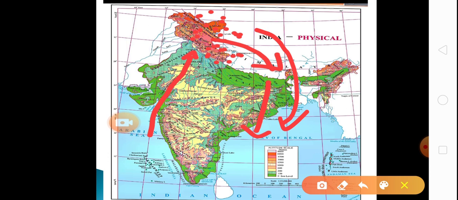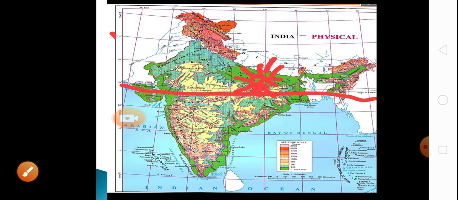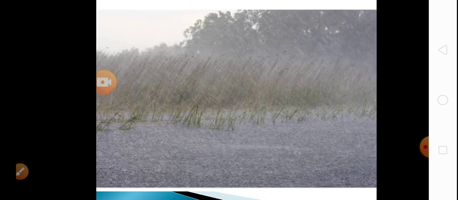In general, if we talk about the climate of India, India is having hot climate throughout the year. As you all know, the Tropic of Cancer passes through the middle of India, because of which India faces many natural disasters like erratic rainfall.